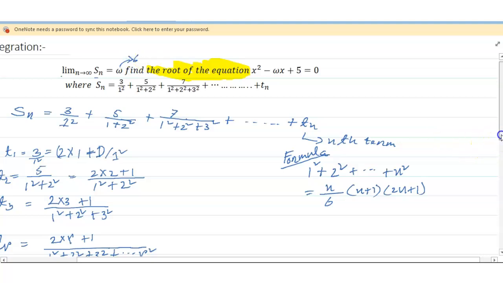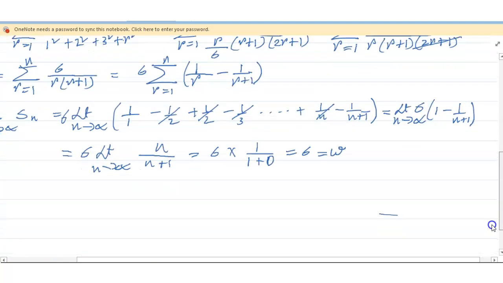Now they ask to find the roots of the equation x square minus 6x plus 5 equals 0. So we get x square minus 5x minus x plus 5 equals 0.